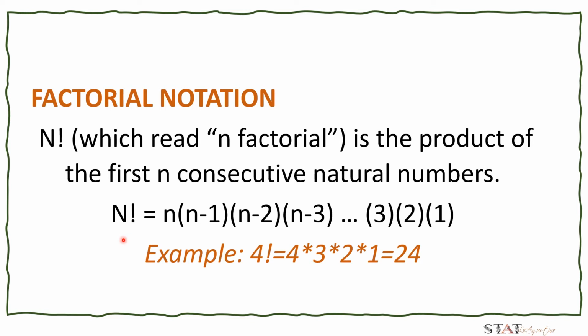So n factorial is equal to n multiplied by n minus 1 multiplied by n minus 2 multiplied by n minus 3, and so on until 1. For example, 4 factorial is equal to 4 times 3 times 2 times 1, which is 24. You can try it in your scientific calculator. 4 factorial is also equal to 24.